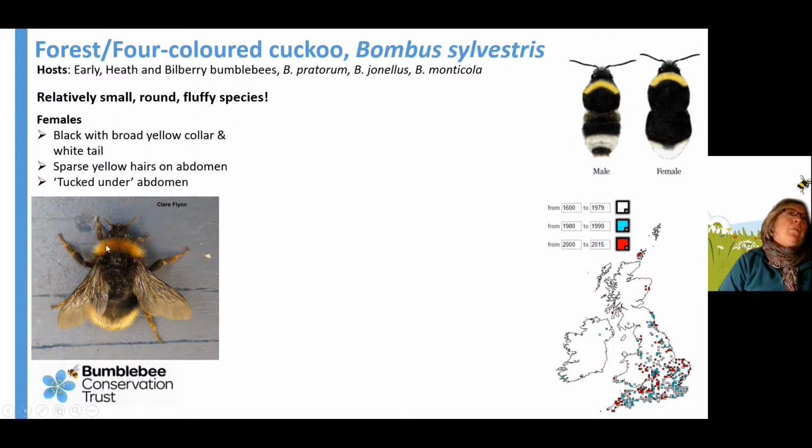You're basically looking for a bumblebee with a yellow collar and a white tail. This species does tend to have its abdomen curled under, adding to the round appearance of the species. It's quite a noticeable feature, actually.